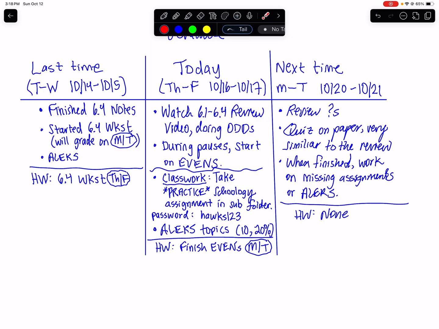All right. So the sub is going to give you about 5 or 10 more minutes, depending on where you're at, to work on this. And then hopefully with about 20 or 25 minutes left, they will ask you to open up Schoology, go to the subfolder in your Unit 1 folder, and just take the practice Schoology assignment.